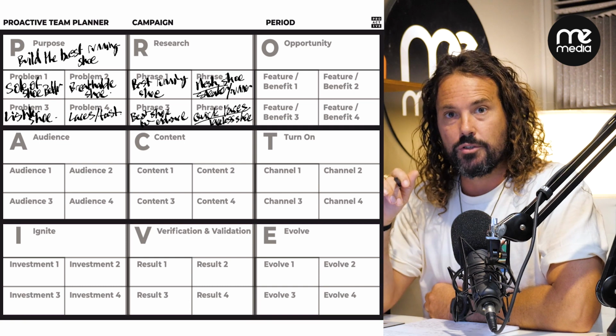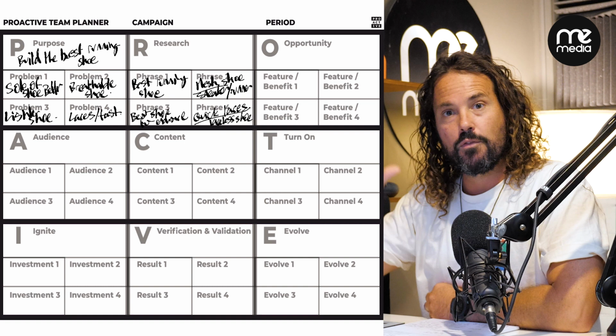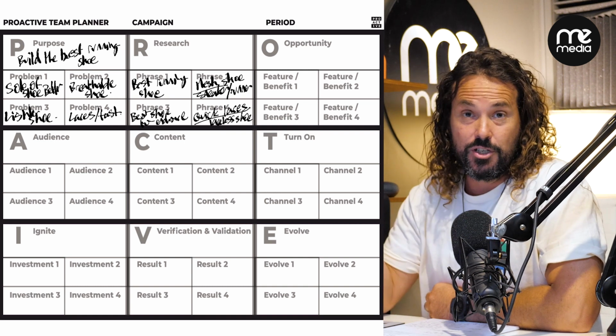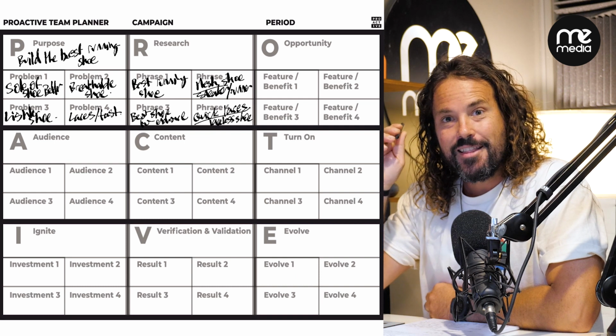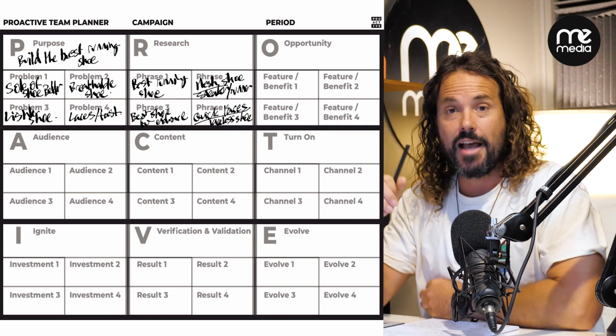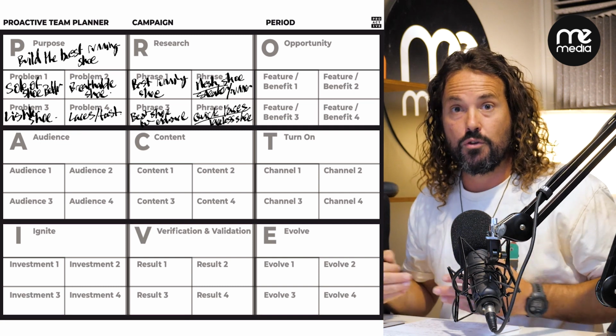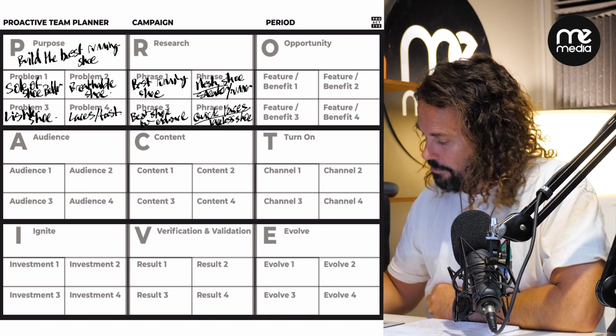Where is your blue ocean? It's in between or above or below each one of those competitors. So that's where you would plot your line. And that's how you carve out a blue ocean for your product or business or even marketing campaign.